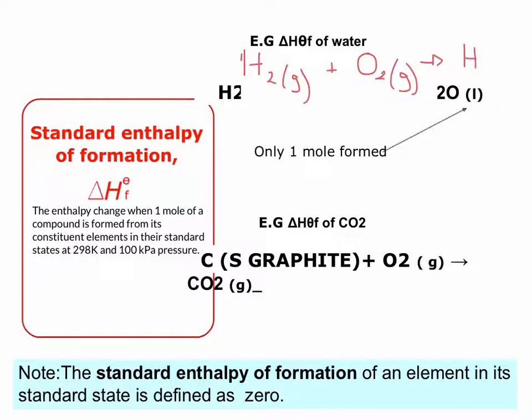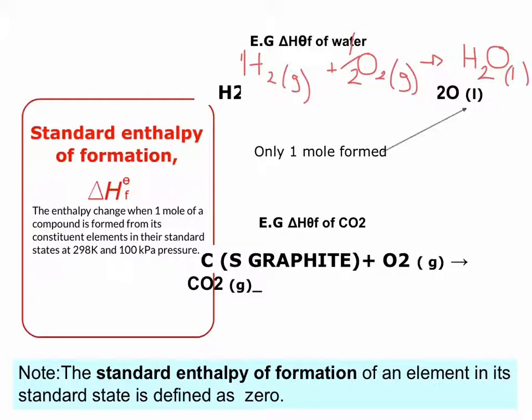The definition states that we have to form 1 mole of water, so I need to balance my symbol equation, and I'm only going to require half a molecule of oxygen. That's one example of the equation to show the delta HF of water.